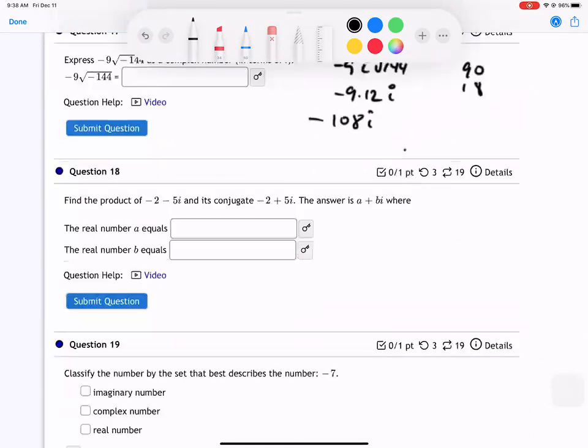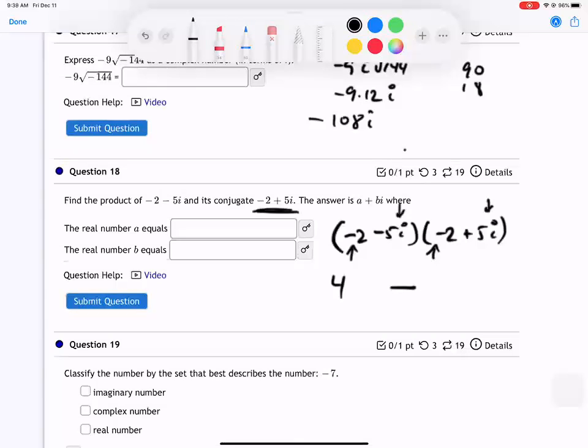Now, the next problem is find the conjugate. I edited the code so we could look at the conjugate. So when I'm multiplying negative 2 minus 5i times negative 2 plus 5i, we said there's a trick here. When I'm multiplying the conjugate, though it looks ugly, we just have to say, what's negative 2 times negative 2? That's going to be positive 4. And then we see minus 5i times 5i.